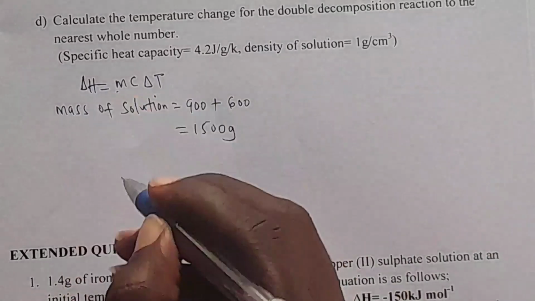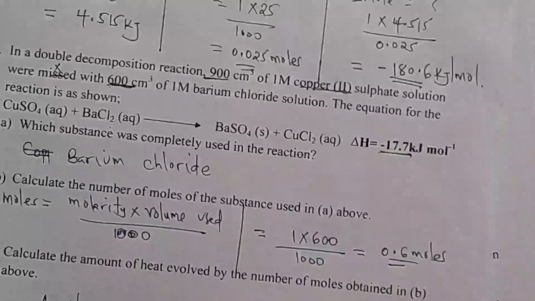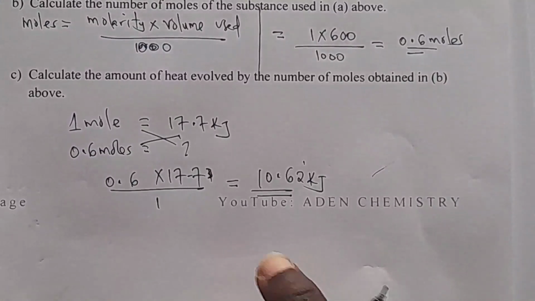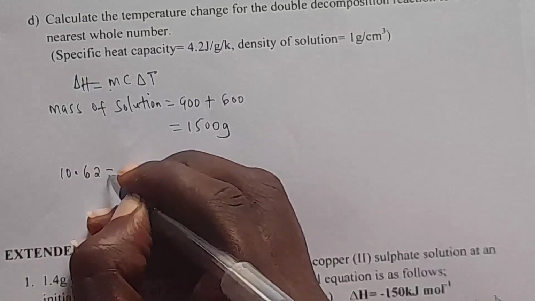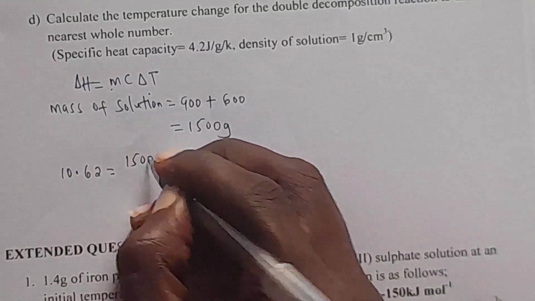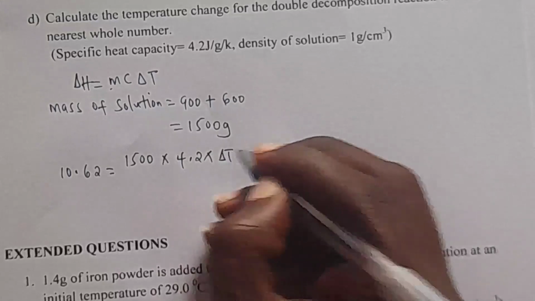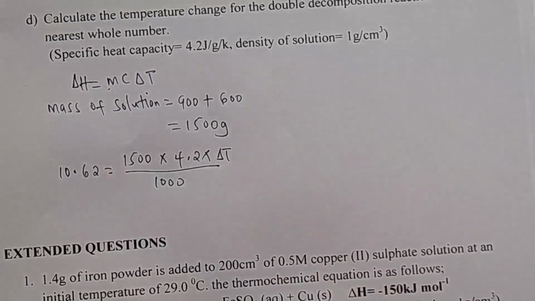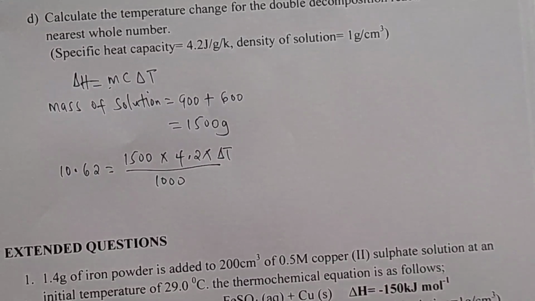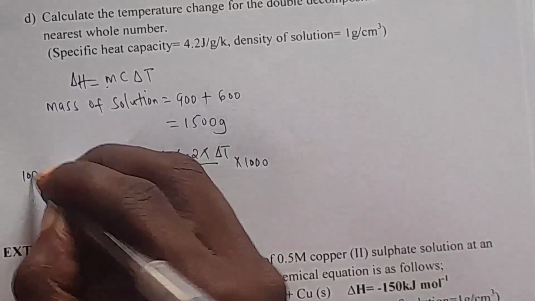So using the formula, we have gotten enthalpy change as 10.62. So we are going to say 10.62 will be equal to 1,500 grams times 4.2 times the temperature change that we don't have, divided by 1,000, because this enthalpy change is in kilojoules. So we are going to say times 1,000 here, times 1,000 here.